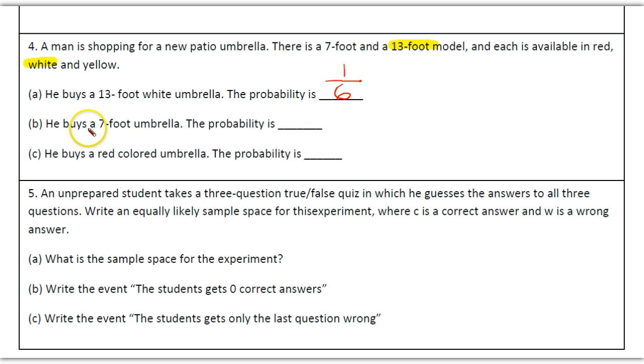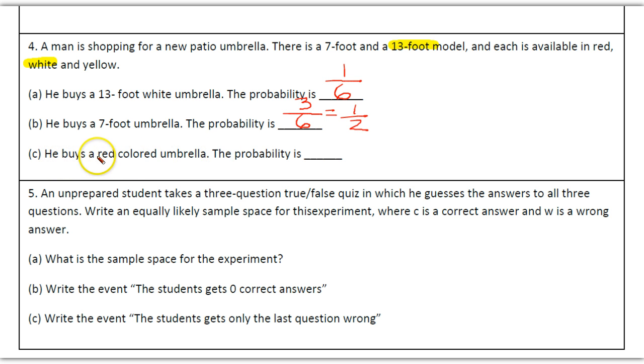Now that he buys a 7-foot umbrella. Well, again, our sample space is still 6, but he has 3 that are 7 feet in the different colors. So this will reduce to 1/2.